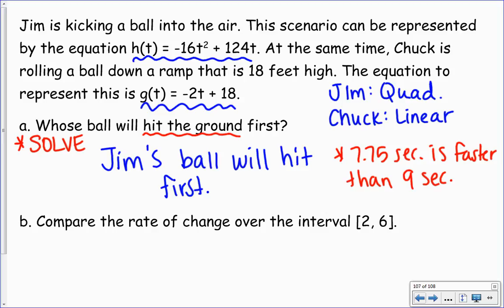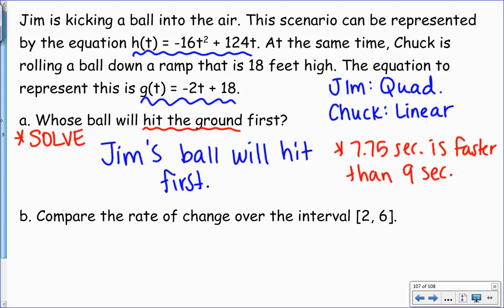So what I would do is I would take Jim's equation, type it into y equals, and look at my table. Then I would take Chuck's equation, type it into y equals, hit my table, and look at my x values that way. So whatever method you pick, I want you to pause it right here, find your ordered pairs, and go ahead and find your rate of change. Then press play and check.